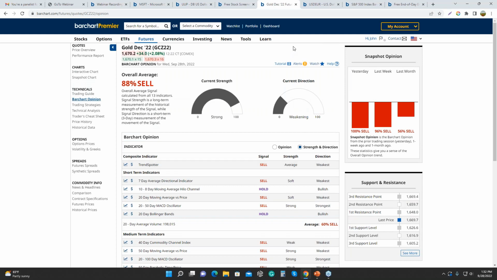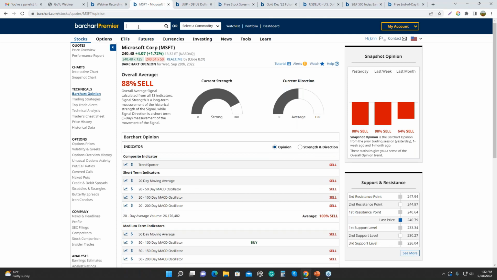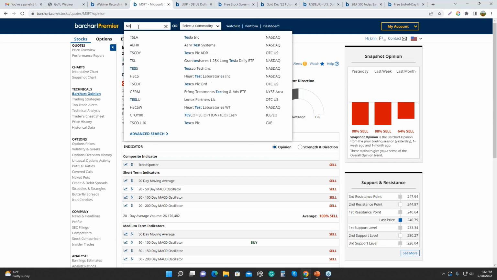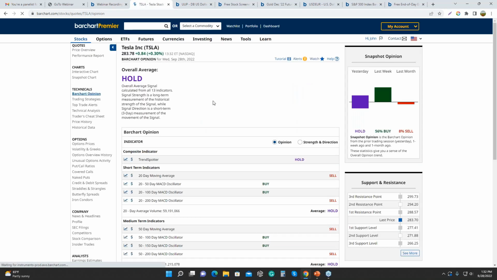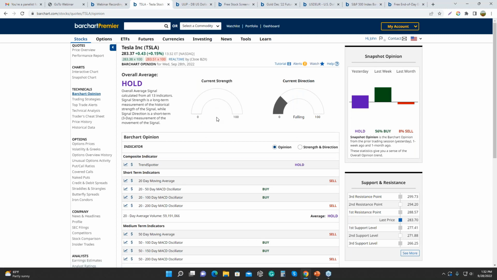All right, the other one I wanted to show you, which I thought was kind of interesting when I was looking this morning, is Tesla. What do we see here for Tesla? So again, I don't need to go deep into the details of what is going on with Tesla.